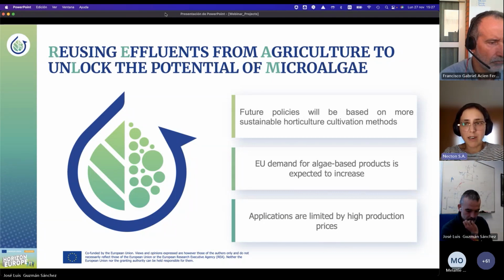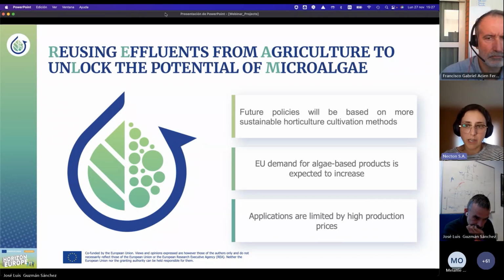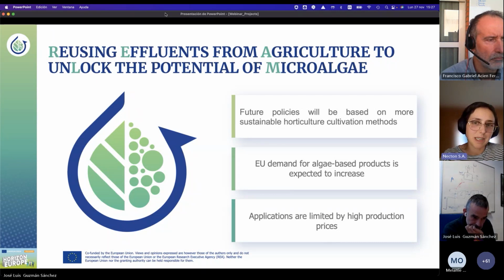Although microalgae are an exponentially growing feedstock for many applications, they are still limited to high-cost applications due to their production costs. So the Realm project, which stands for Reusing Effluents from Agriculture to Unlock the Potential of Microalgae, aims to overcome these obstacles by converting them into opportunities, by using microalgae to help treat drainage wastewater from agriculture into value. Next slide, please.